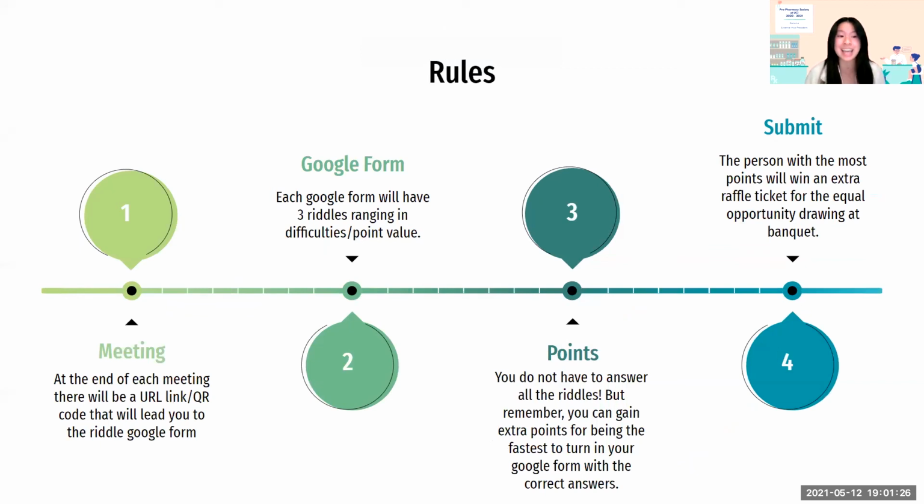We are going to send out a link for you to fill out the Google form, and each Google form will have 3 riddles ranging in different difficulties and point values. You don't have to answer all the riddles, but remember that you can gain extra points for being the fastest to turn in your Google form with the most correct answers. And the person with the most points at the end will win an extra raffle ticket for the Equal Opportunity Drawing at Banquet.